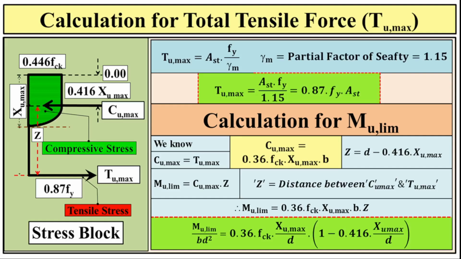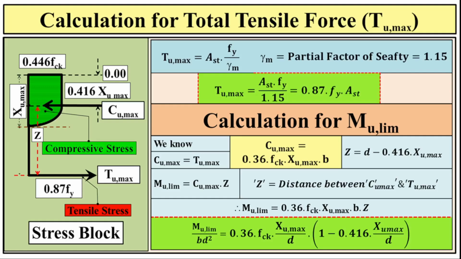For a balanced section, the total compressive force Cu max is equal to Tu max. From the diagram, Cu max equals 0.36 FCK xu max B. Therefore, Tu max equals 0.36 FCK xu max B. Let Z represent the distance between Cu max and Tu max.